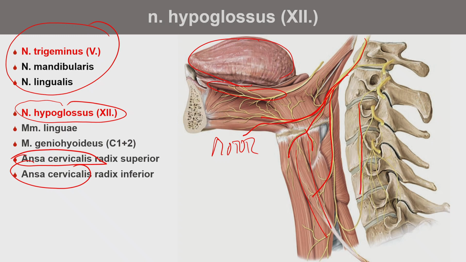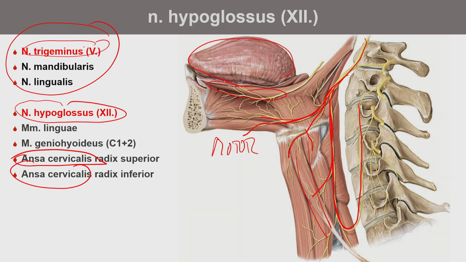This sling, ansa cervicalis, is very important for innervation of muscles in the throat outside, so muscles between the hyoid bone and thyroid, and also omohyoid, so those muscles which are localized in the anterior aspect of the larynx.